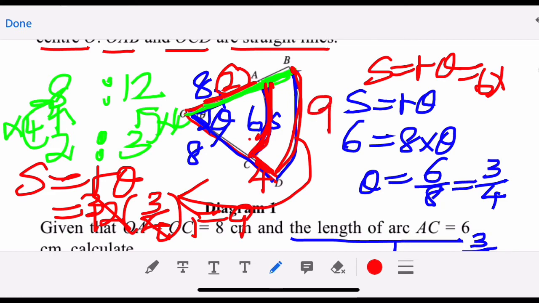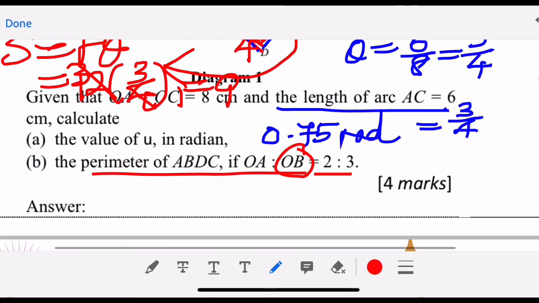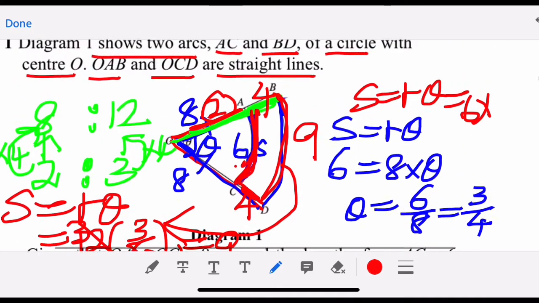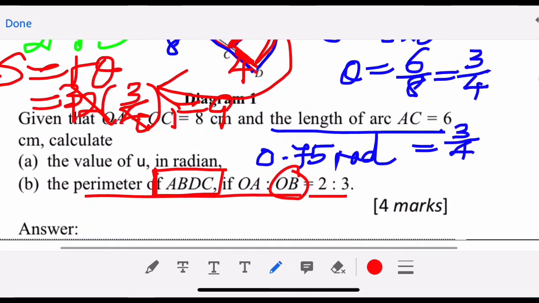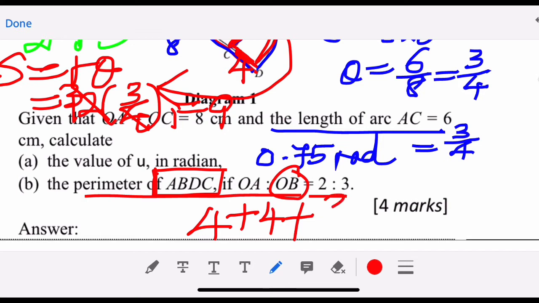So here is 9, here 4, here 6. The perimeter is the sum of everything: 8 plus 8 plus 4 plus 4 plus 9 plus 6. The answer is 23. So the first question is very simple.